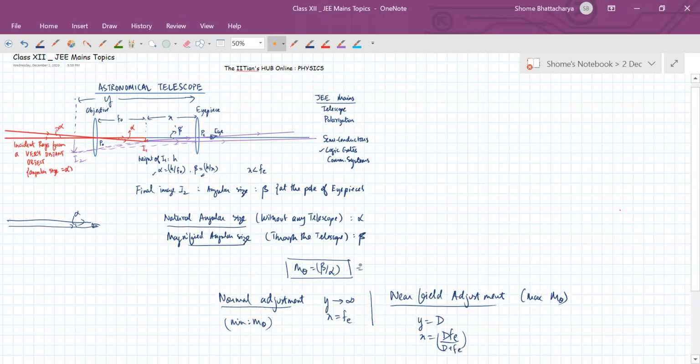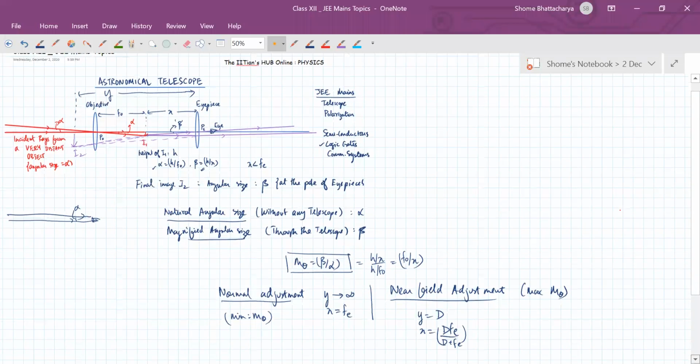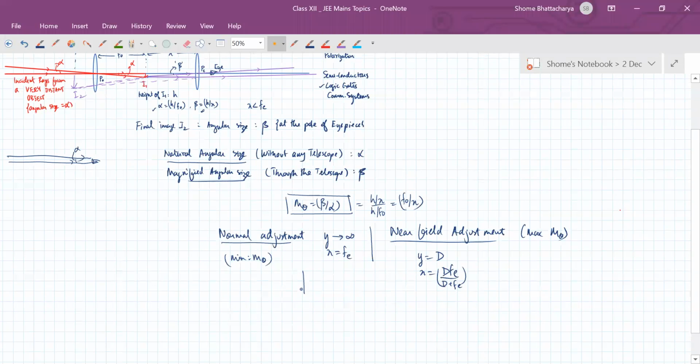Beta is h by x, and alpha is h by the focal length of the objective, so this becomes fo divided by x. Once again, for the normal adjustment position, the angular magnification becomes this ratio. Because you see an inverted image, you can put a minus sign also, but basically the magnitude of the angular magnification becomes this.